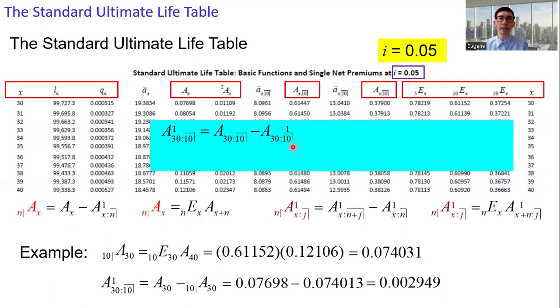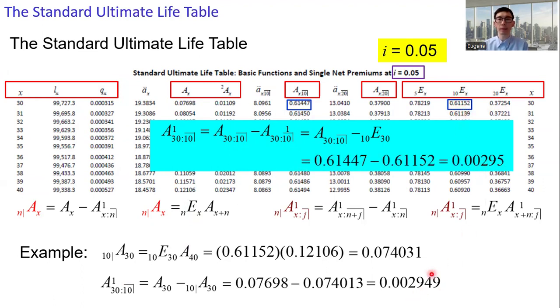We can get the value of the 10-year endowment insurance along this column, and then the pure endowment along this column. The 10-year endowment insurance, 0.61447, and then the 10-year pure endowment at age 30, 0.61152, and then we get the same answer.